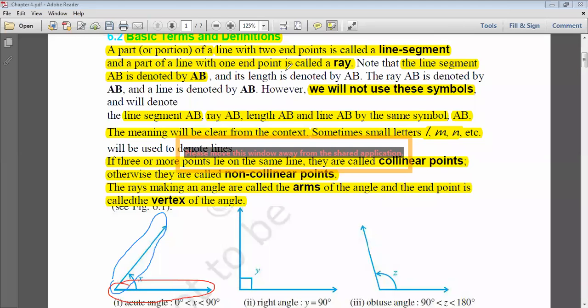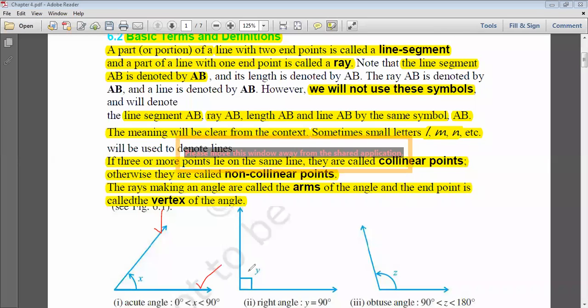See here, you can see that this is our angle, X is our angle, and the arms of that angle X are these rays. These are the rays which form the angle. Clear?